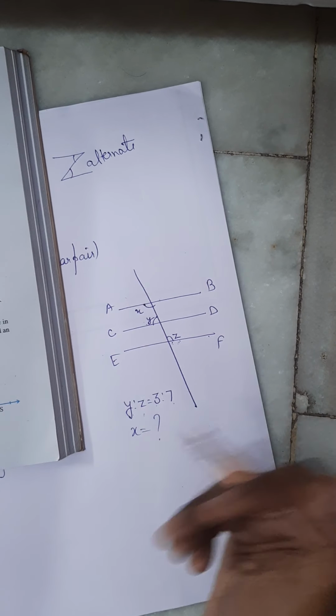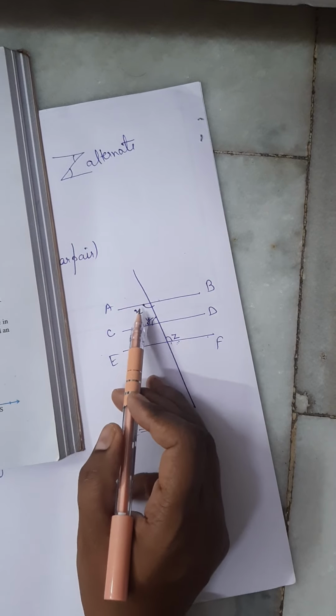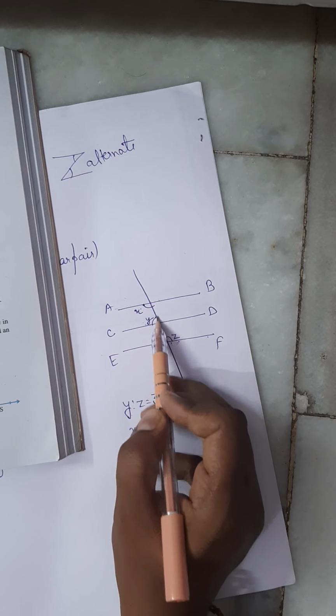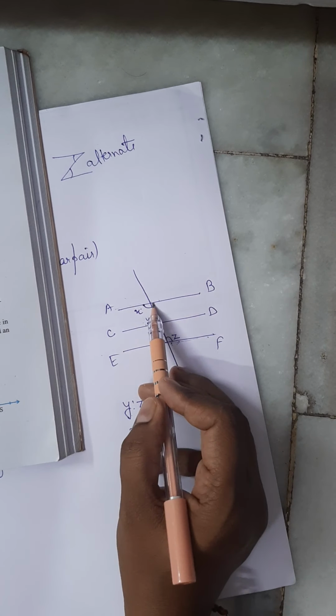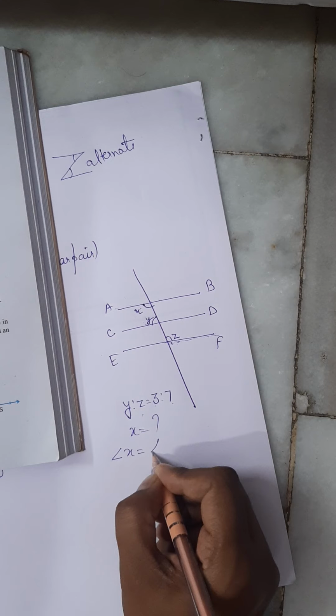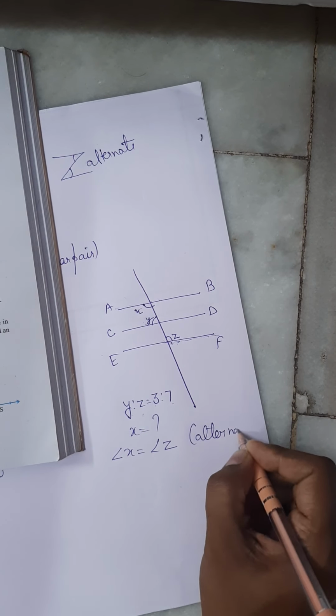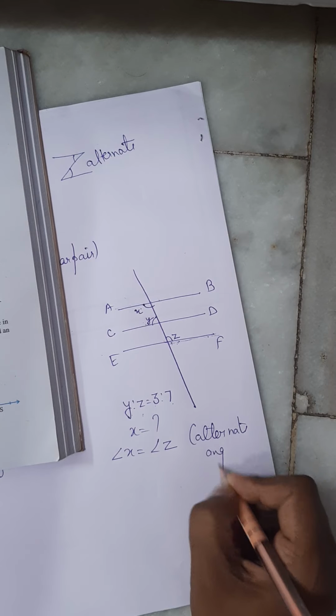So what to do? Just check, is there any relation? Yes, x and z are forming alternate angles. So I can say that angle x is equal to angle z. They are forming alternate angles, correct?